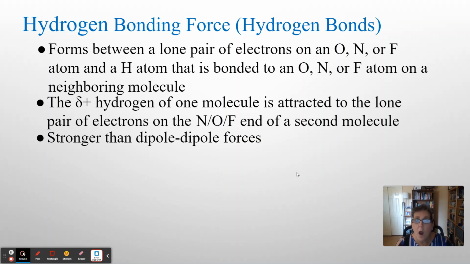This is stronger than dipole-dipole forces, about 10 times stronger. These are polar molecules, yes, but the H to N or O or F bond is exceedingly polar. So it's like a superpolar bond. That makes it a little bit stronger than your typical dipole-dipole force.